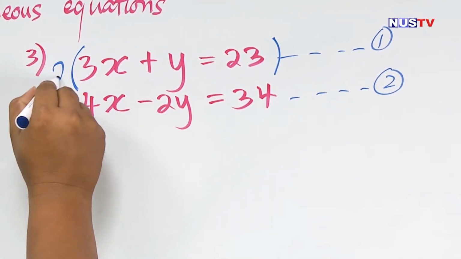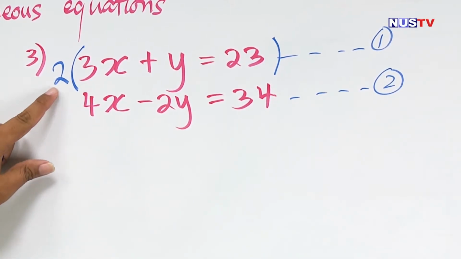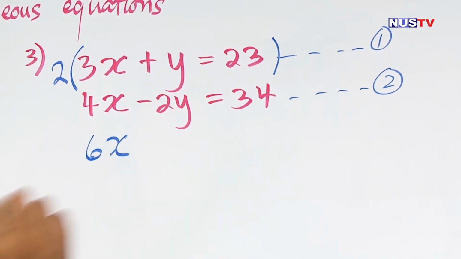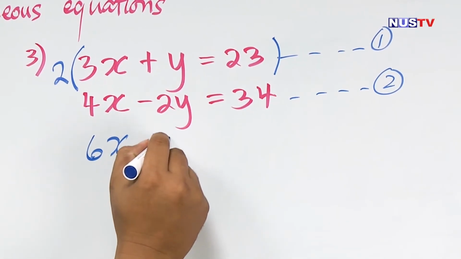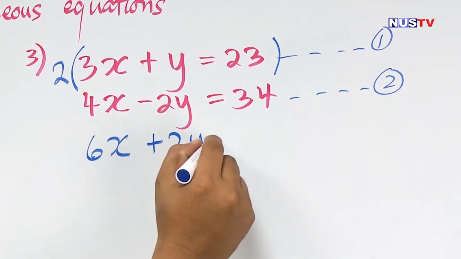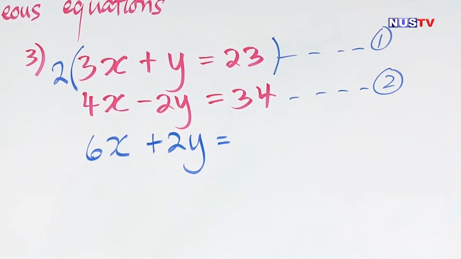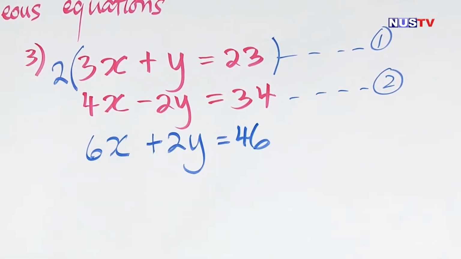So multiplying the top part by 2 will give us 2 times 3x is equal to 6x. 2 times y is equal to positive 2y. And then 2 times 23 is equal to 46.